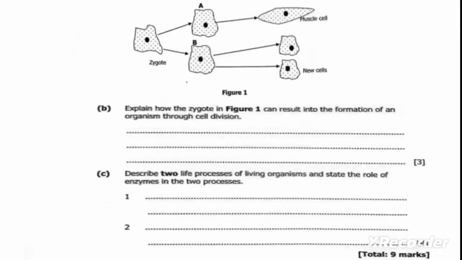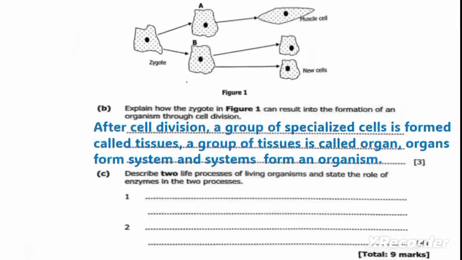So therefore, we are going to say after cell division, a group of specialized cells is formed called tissues. A group of tissues is called an organ. Organs form a system, and systems form an organism. The question is carrying 3 marks, and we have provided the information that is equivalent to 3 marks.